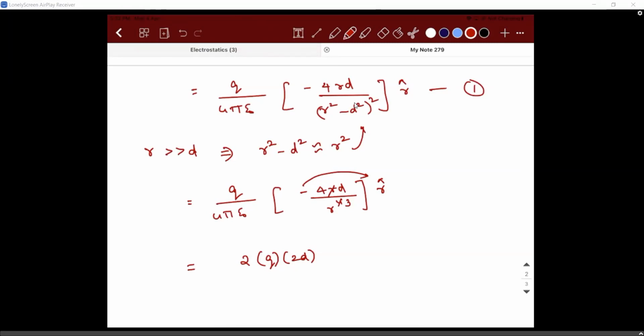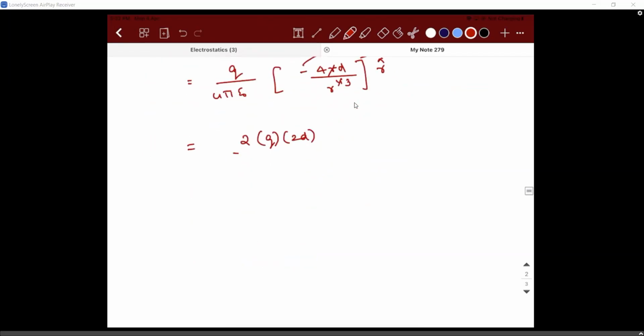But here I'm not approximating R minus D as R. I'm saying R square minus D square is approximately R square. That is one of the things. For example, 2 into 0.001 is still a measurable number. So divided by 4 pi epsilon naught R cube with a minus sign. Accepted?